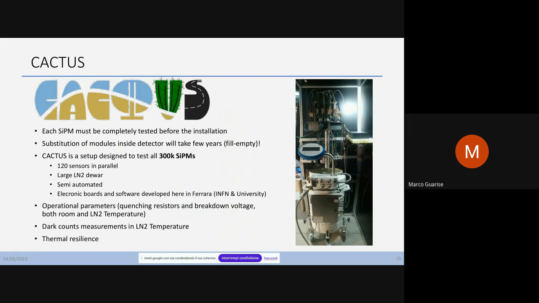And so in total, we are testing all the 300,000 sensors with this setup, and the other 4 that are placed in Bologna, Milano, Granada, and Prague. So I would like to thank especially the INFN section here, which gave us an important contribution to the development, especially for the electronic part.